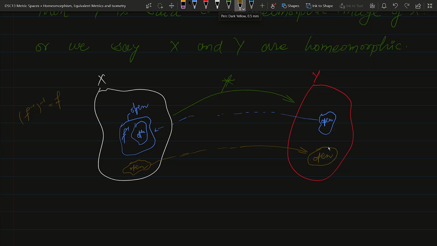Why are we saying this? Due to the continuity of the inverse image.